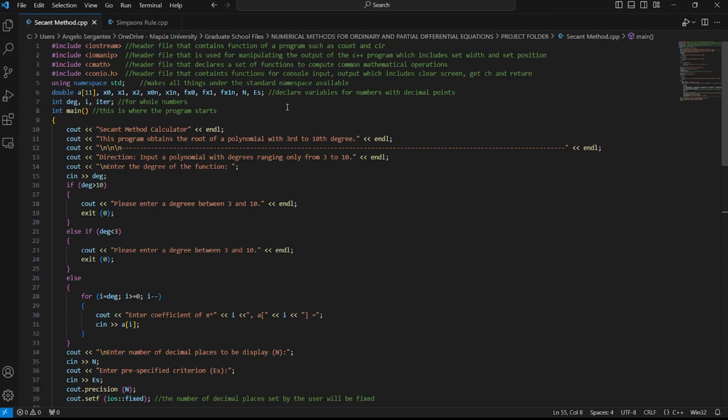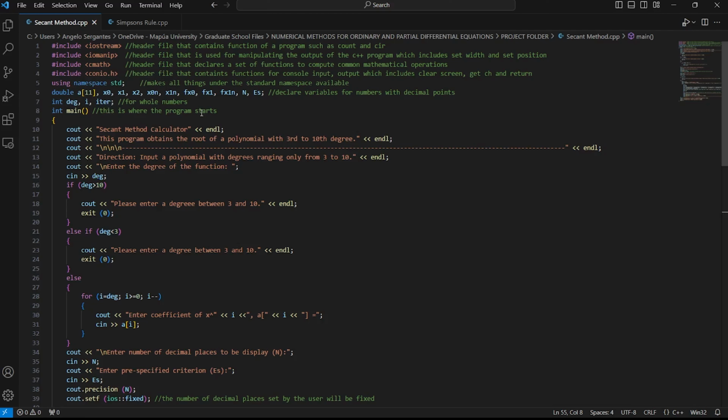For double, we have declared the variables: x sub 0, x sub 1, x sub 2, x sub 0 n, x sub 1 n, f of x sub 0, f of x sub 1, f1 n, and es. Int, or integer, degree and ir are for whole numbers.